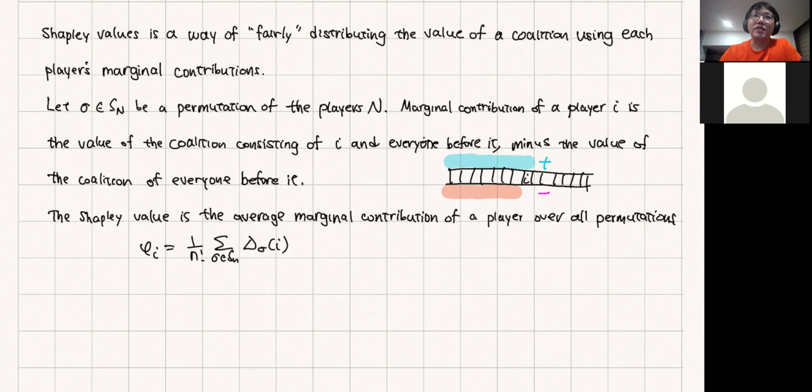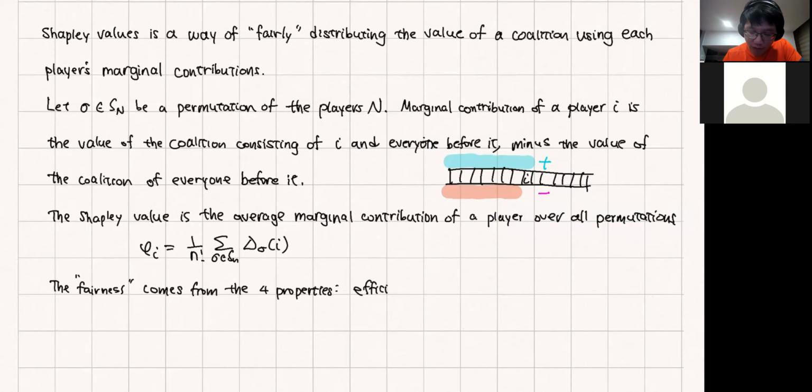Right. And the reason why we say this is a fair distribution of the values is because it satisfies four nice properties. Right? So you have efficiency, dummy player, symmetry, and additivity. Efficient means it does distribute all the value to the players.